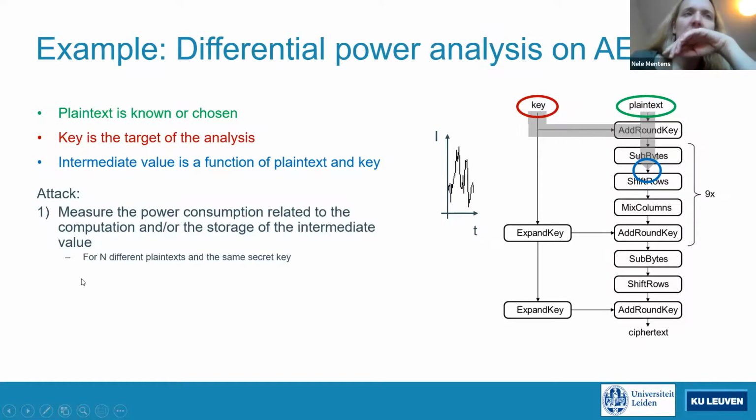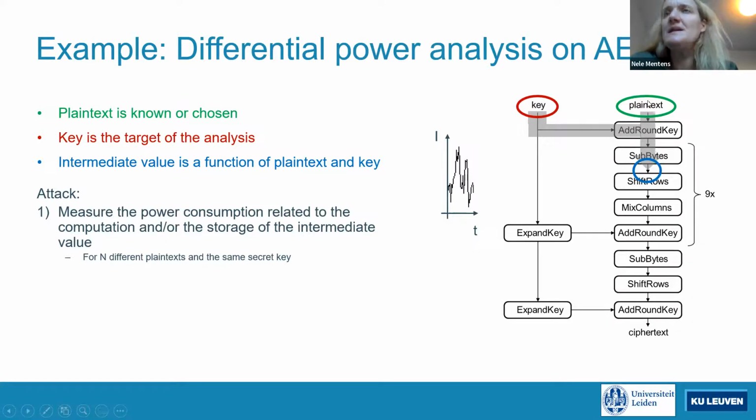And the attacker does that for n different plain texts. And of course, always the same secret key, because we assume that the same secret key is used for a while before it gets updated, for example. But it's used for a longer time by the same system or the same device.